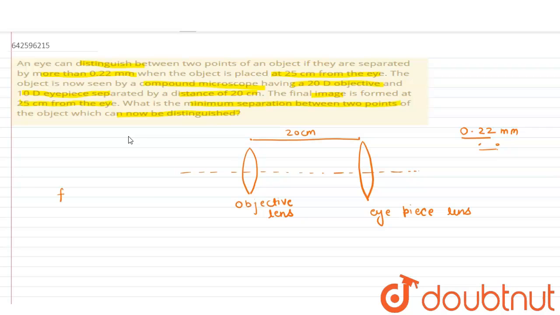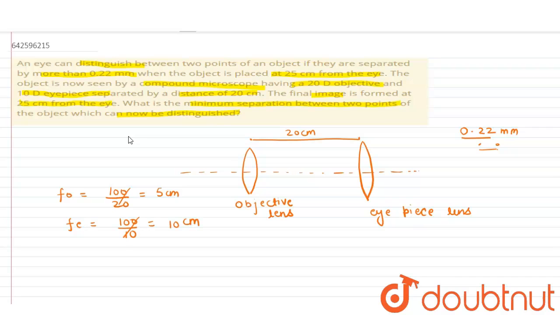So the focal length of the objective lens, when converted into centimeter, is 100 upon 20, which is 5 centimeter, and the focal length of the eyepiece lens is 100 upon 10, which is 10 centimeter.